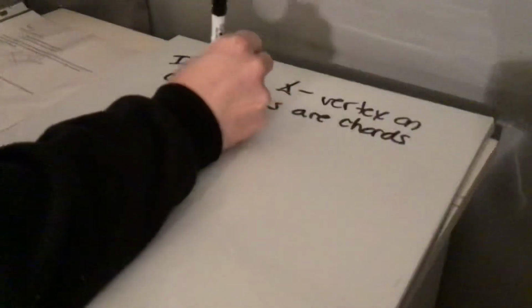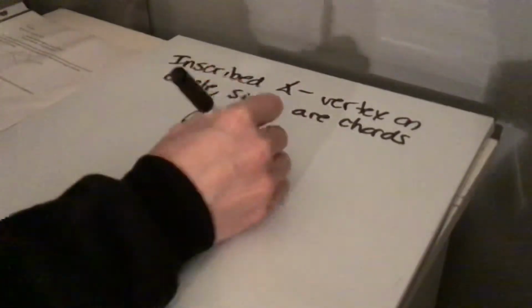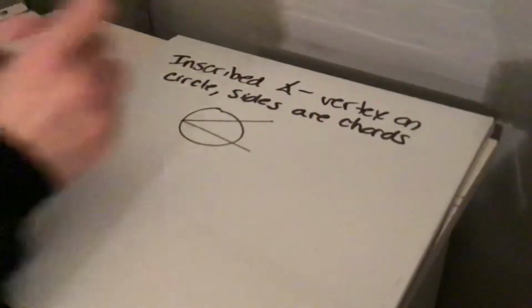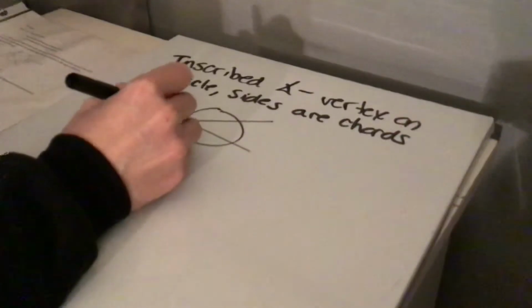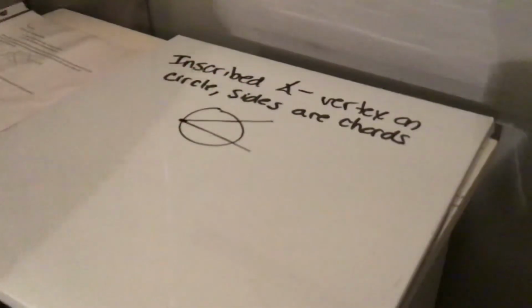Right, so chords have 2 points on the circle. Okay, so looking at a circle, here's your circle. Pretend it's perfectly round. This would be an inscribed angle because this is the vertex and the sides here are chords of the circle.